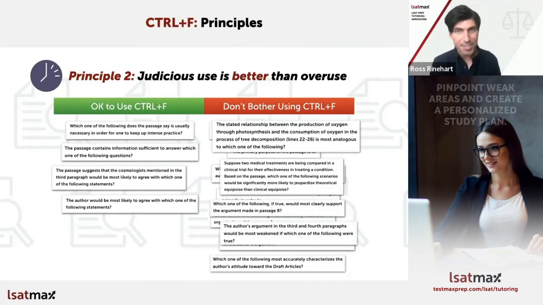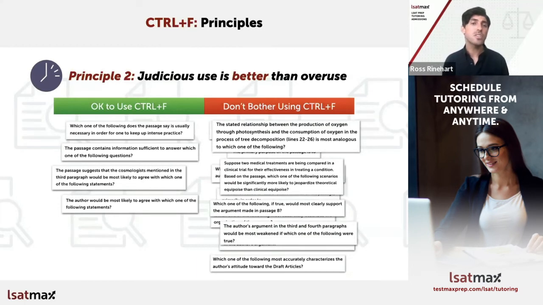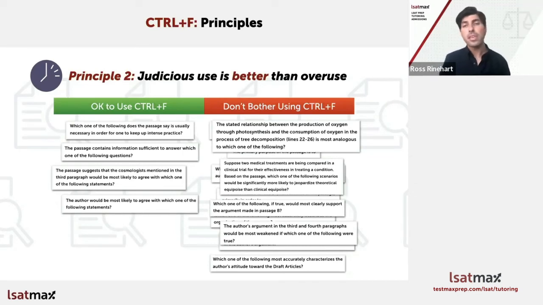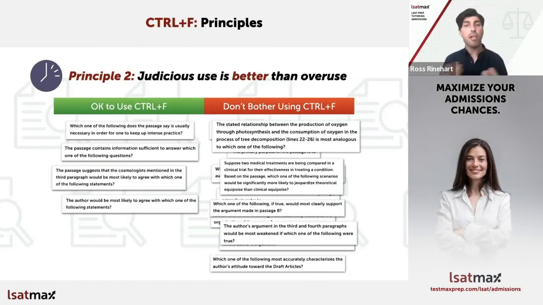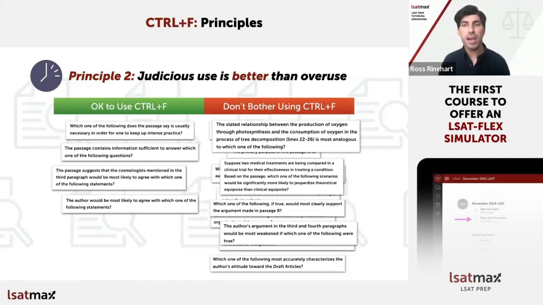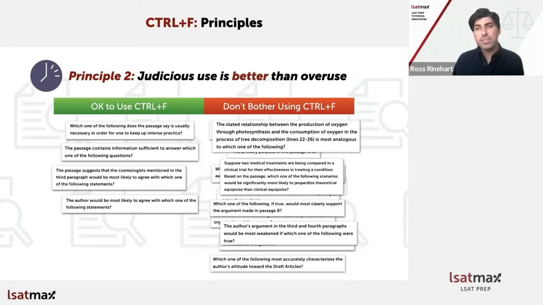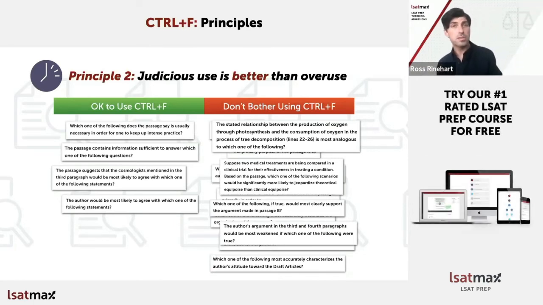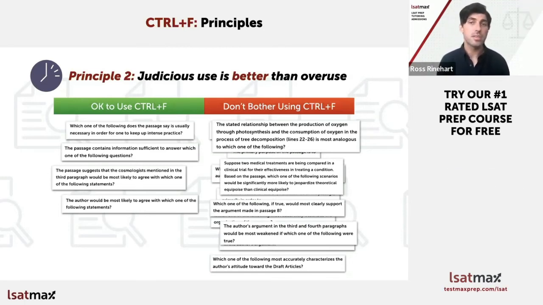The next category of questions is called application questions. And these questions really ask us to go outside of the passage in an explicit way. They either ask us to take some information from the passage and apply it to an outside context, like what is an analogous situation that's similar to something in the passage, or they ask us to take information from the passage and apply it to some hypothetical that the passage didn't explicitly address, or they ask us to take the answer choices and apply them to the passage, see if it would strengthen or weaken something in the passage.